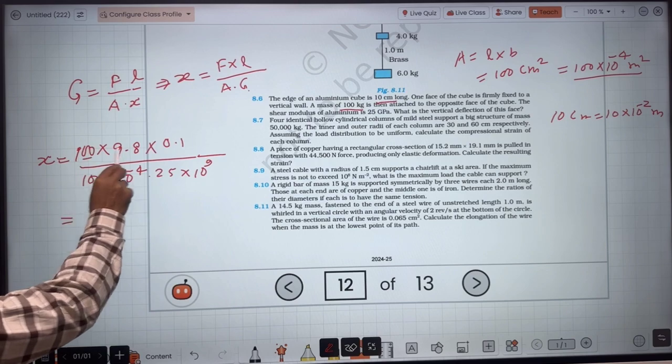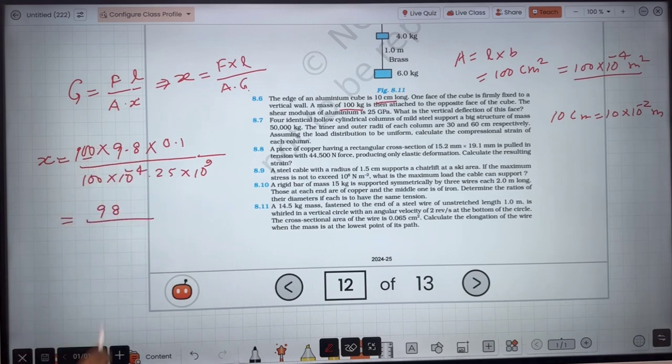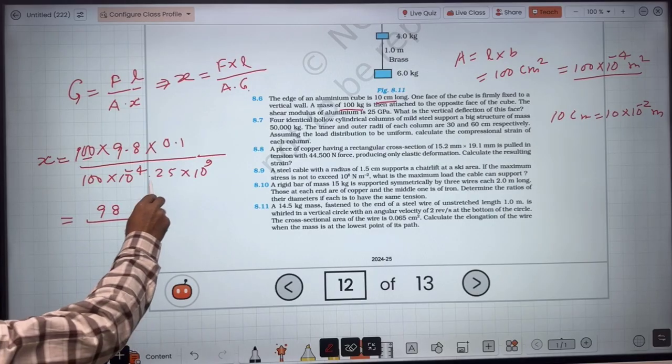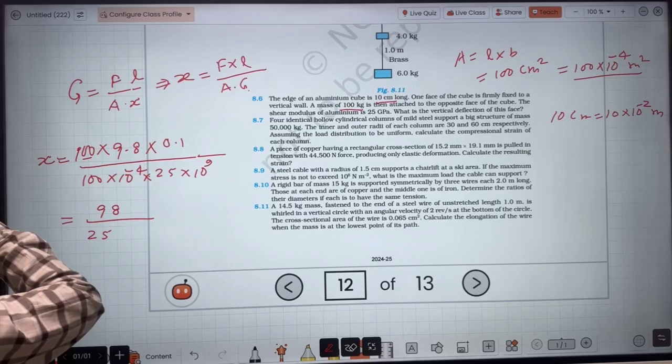Now what is left? So here, if we remove 100 from here, these two decimals can be removed, so it will become 98. And here it is 100. So from here, what power? So 2 power will be reduced. So just write here 25.